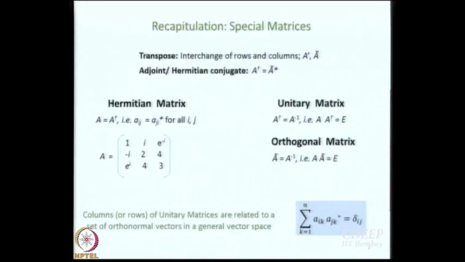Because the first subscript denotes the row number, the second subscript denotes the column number. So, we are going from left to right in a row. So, the row number is constant, the column number changes.